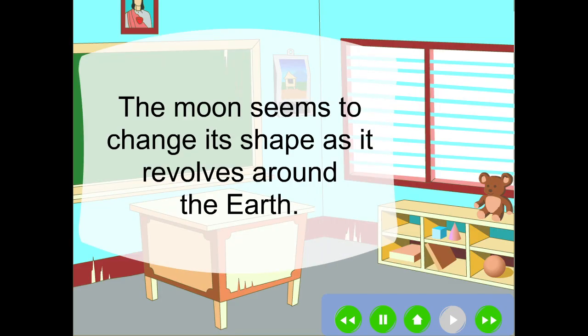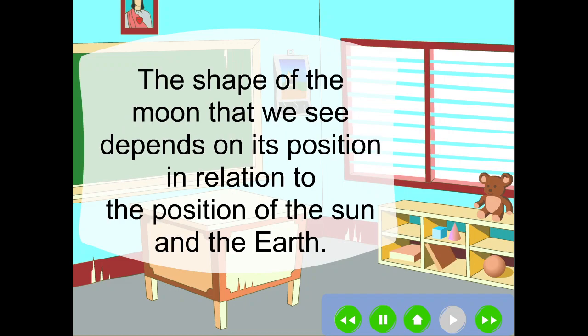The moon seems to change its shape as it revolves around the Earth. The shape of the moon that we see depends on its position in relation to the position of the sun and the Earth.